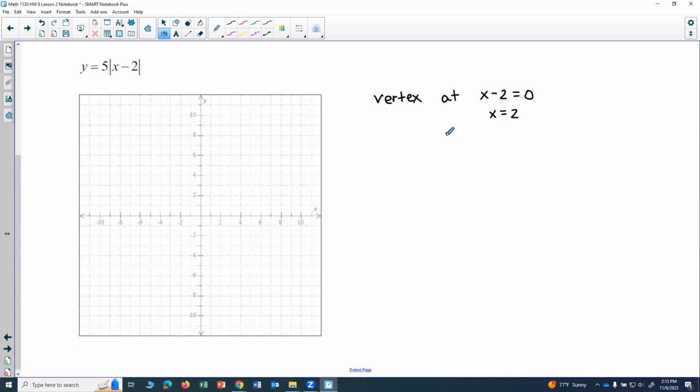And to find the y value, I'm going to plug 2 in for x. So I get 5 absolute value of 2 minus 2. That's 5 absolute value of 0, which is 5 times 0. Absolute value of 0 is just 0. So the vertex is going to occur when x is 2 and y is 0.